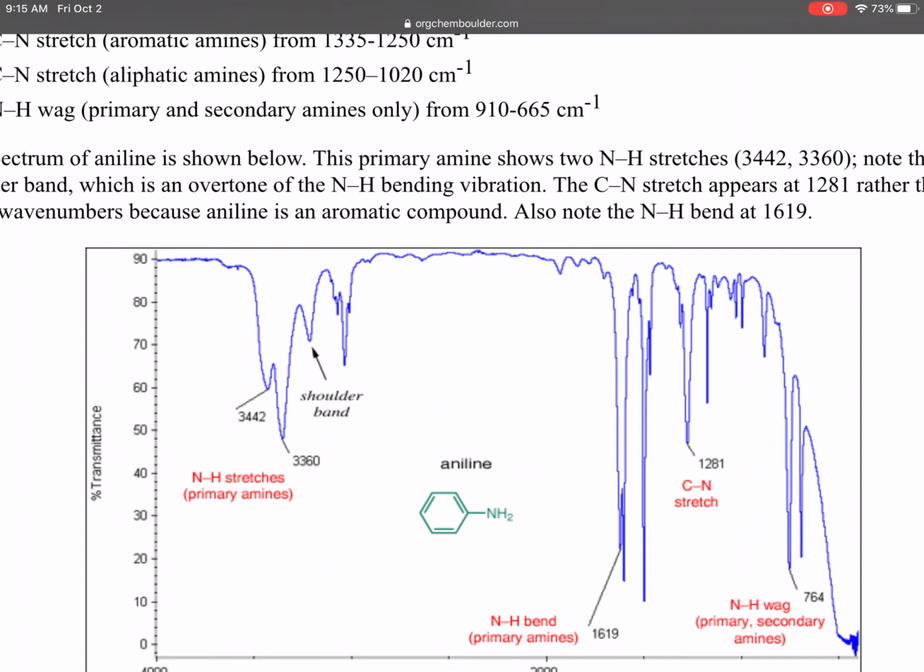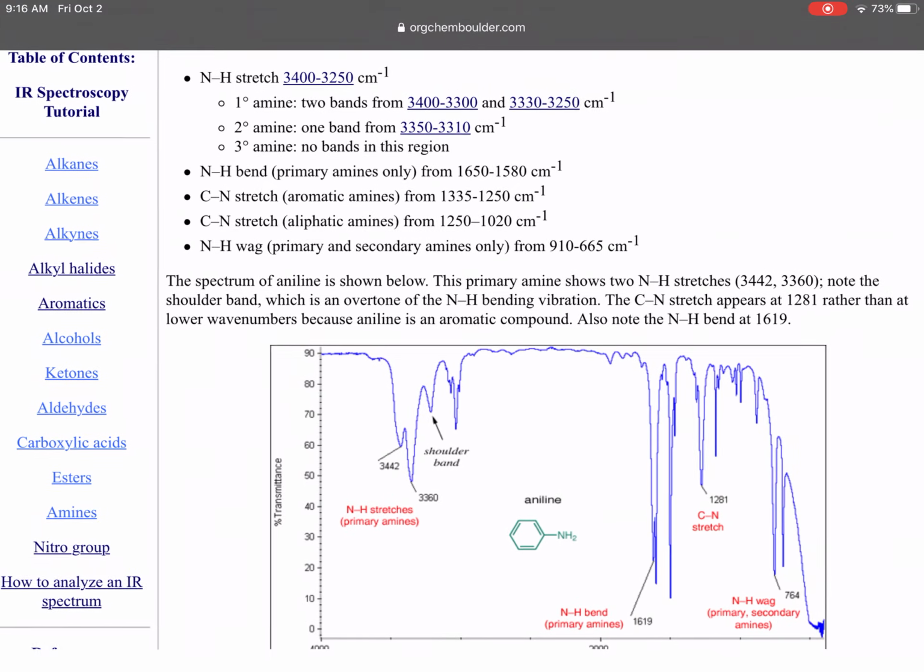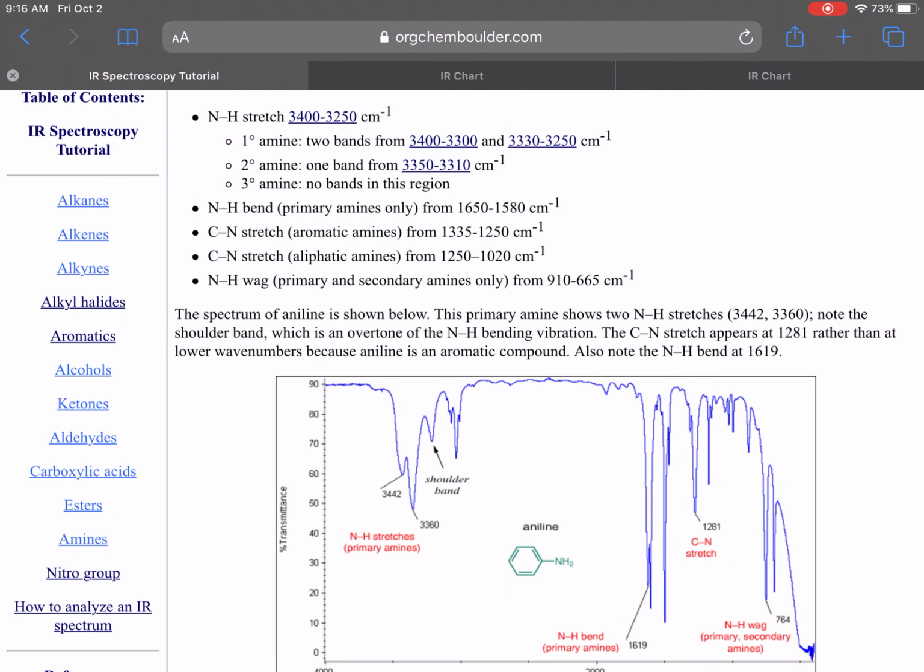This one is actually a little bit out of range, at 1619. They can go a little bit out of range sometimes, so I'm guessing that's what's going on here. But usually that shows up as a fairly moderate to strong peak, pretty sharp in this region. Otherwise, really nothing reliable about these. So the main thing to look for is that NH stretch.